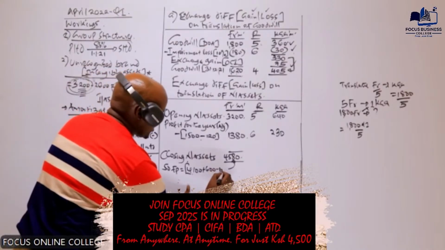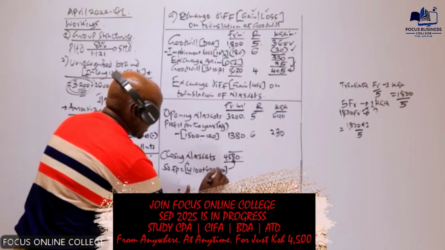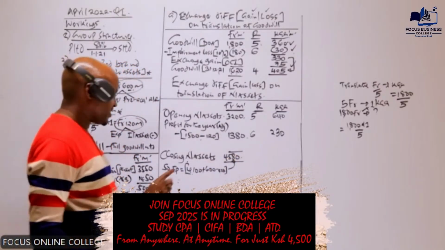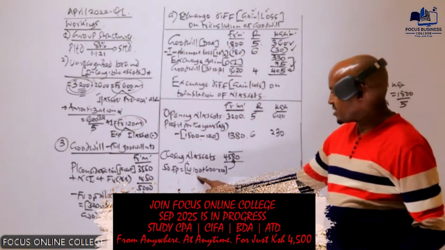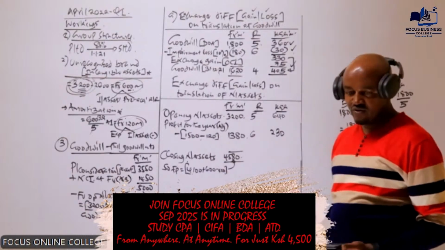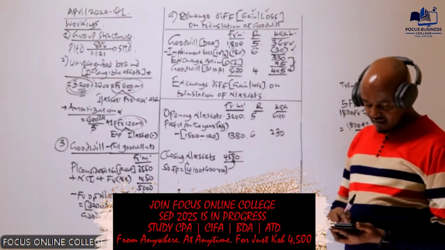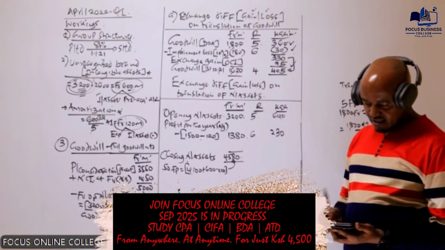Was it accounted for? No. So that 120 should be deducted from that value there. And if you work out that, it should give us that value. So the reason why those two figures are not reconciling is because our company had not accounted for those two items. If you work out that, is it now reconciling? Yes, it is reconciling.